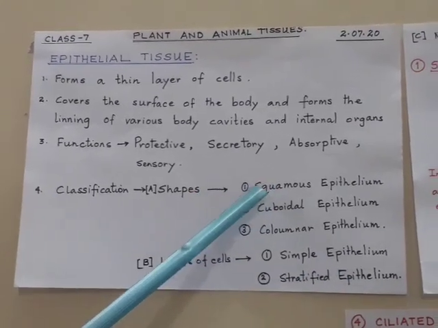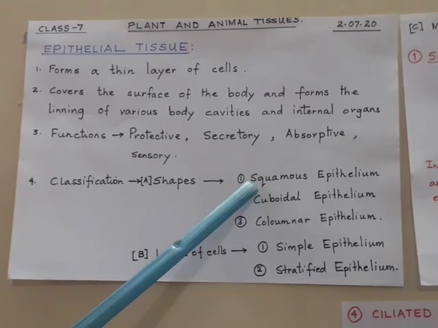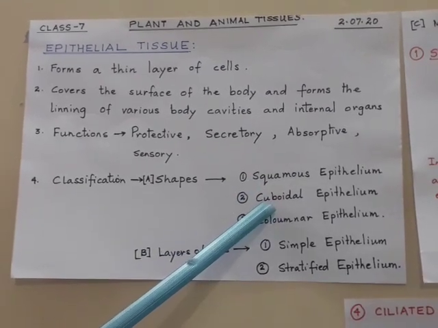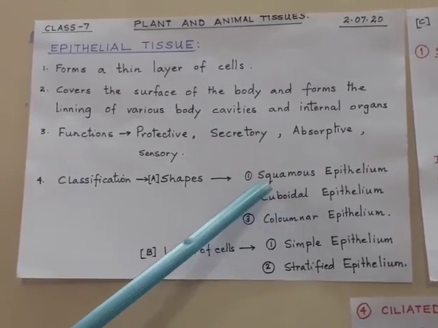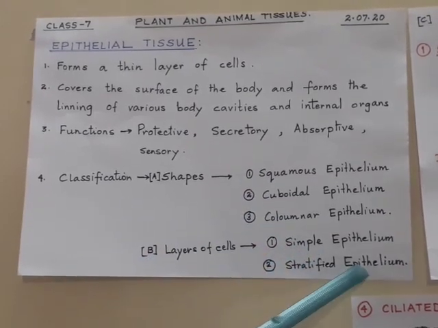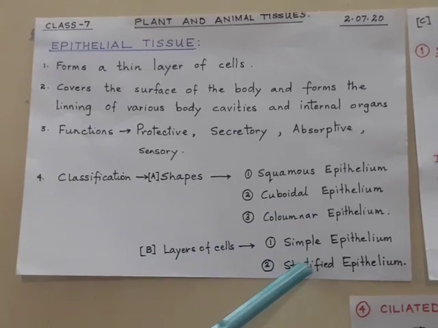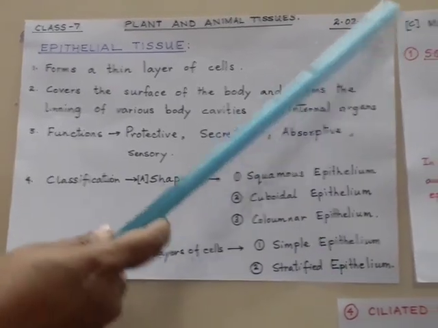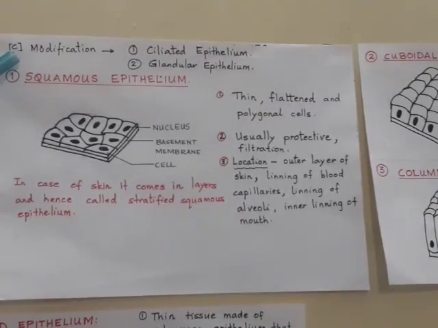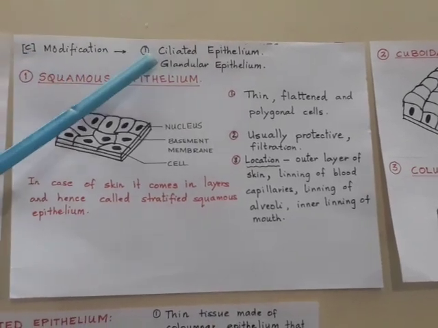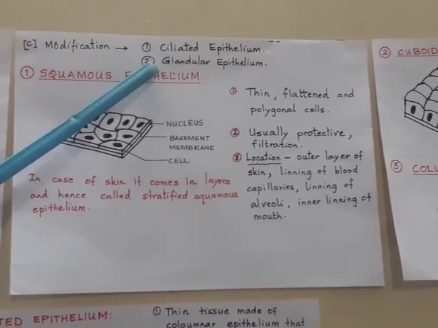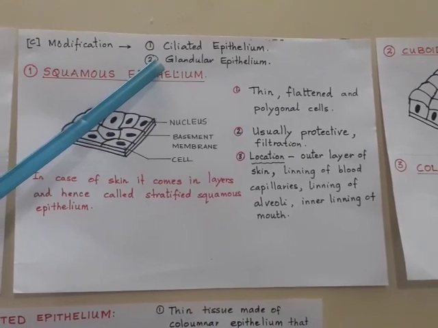So if it is squamous, cuboidal or columnar, it will be known as squamous stratified epithelium, cuboidal stratified epithelium, or columnar stratified epithelium. Under modification, it is ciliated epithelium or glandular epithelium.